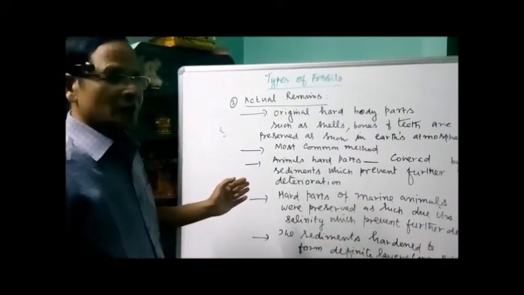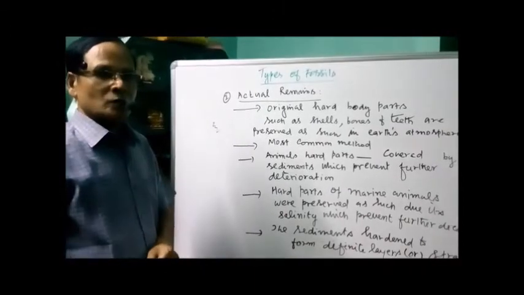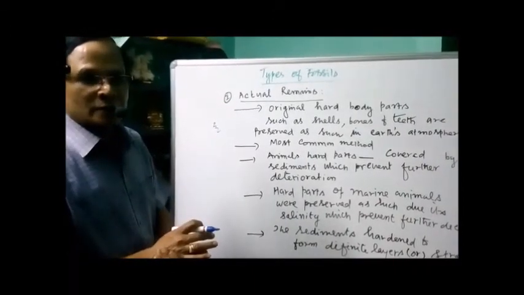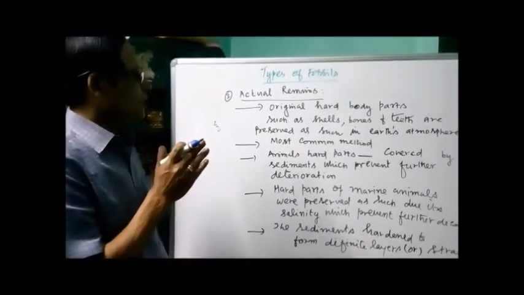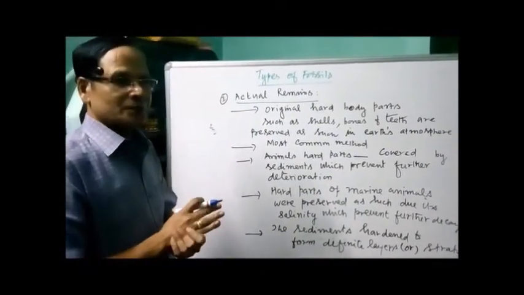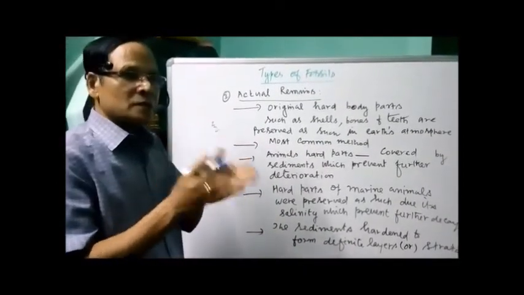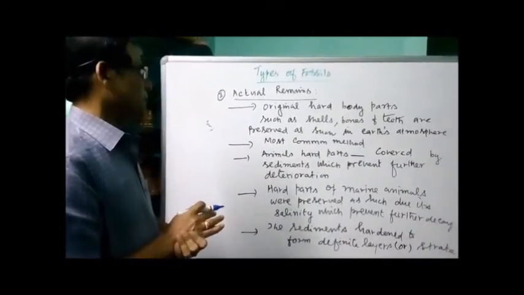I mentioned the three different types of fossils. Number 1, actual remains. Once the animals or plants die, the original hard body parts are preserved as such in the earth's atmosphere.